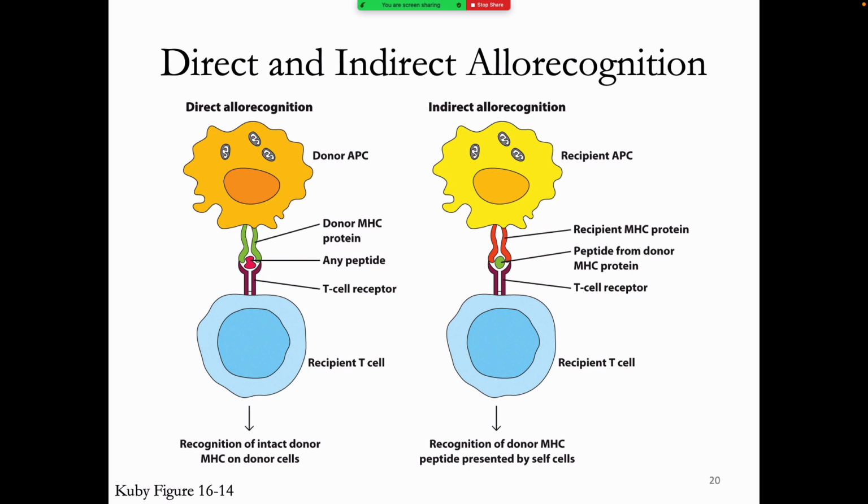Those dead cells, when that kidney goes into you, are going to be phagocytosed by some of your cells. Your cells are going to take that dead cell and degrade it, as one does, including degrading all the proteins in that cell.